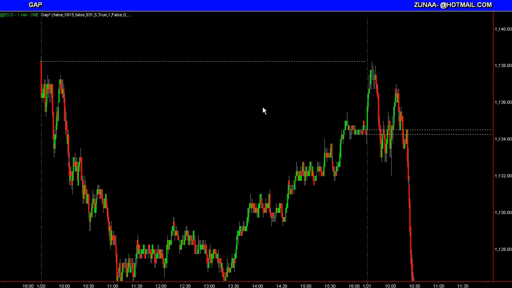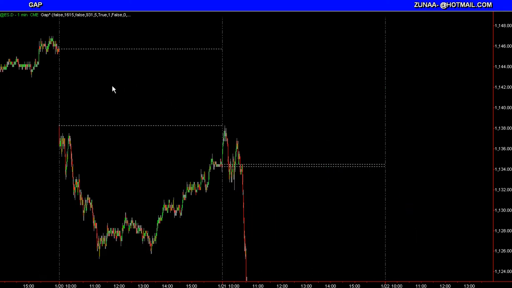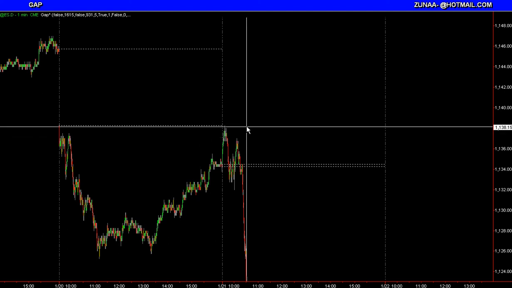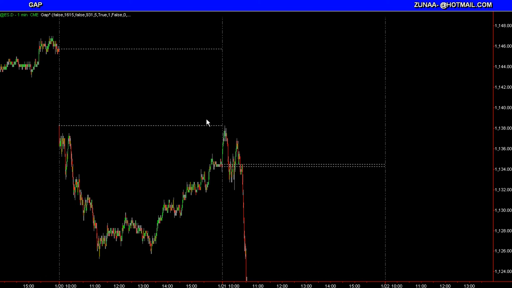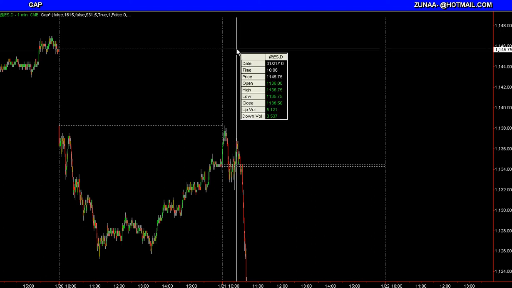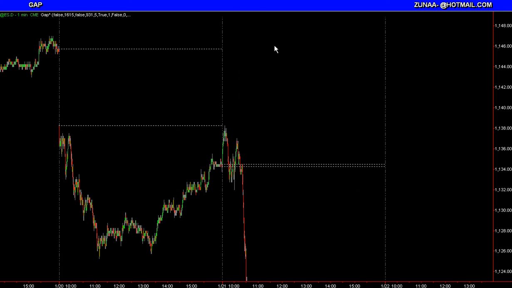So the degrees of gaps that occur, and by session close we don't fill those gaps, they become pretty strong areas of support and resistance. And also when gaps are filled, for example, if we had filled this, you would want to look at this area. Once we fill it, you would want to start paying attention for reversals, because the market could either just go through it or reverse.